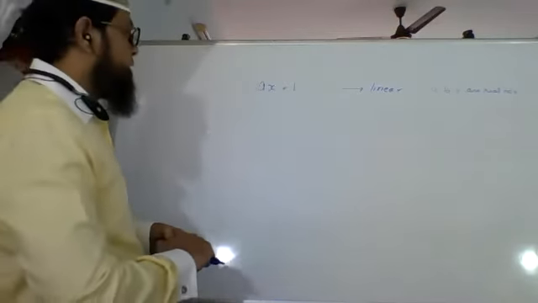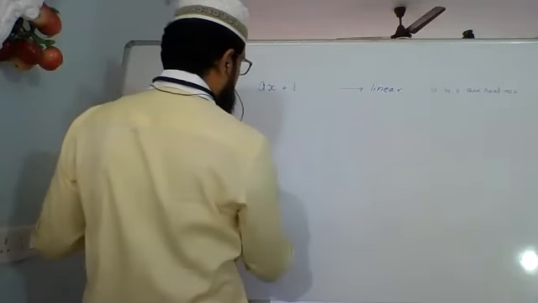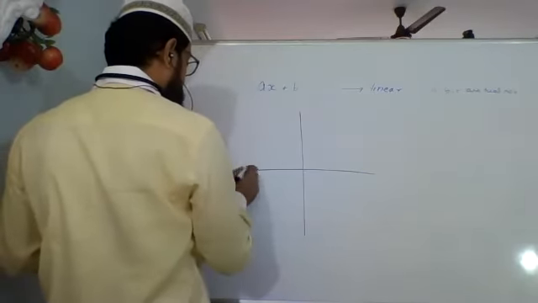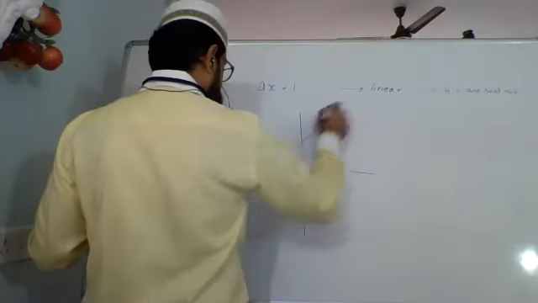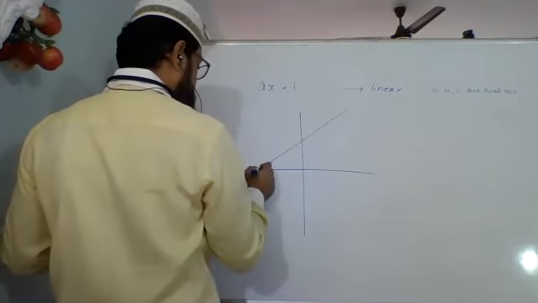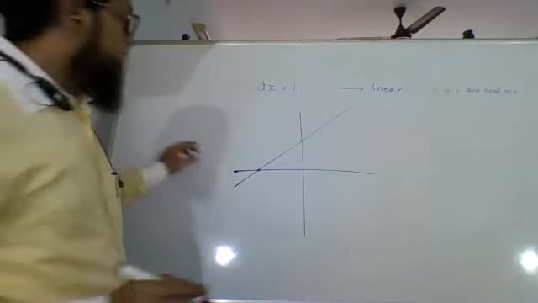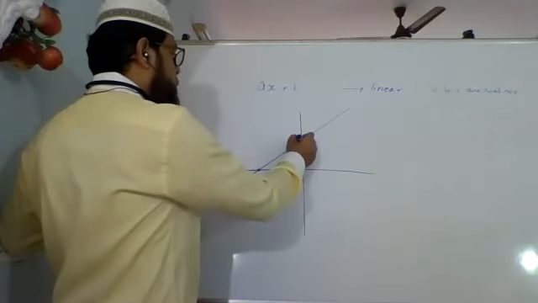So here what it means is, if I were to plot that line on a graph, somewhere over here the line is going to cut the y-axis.